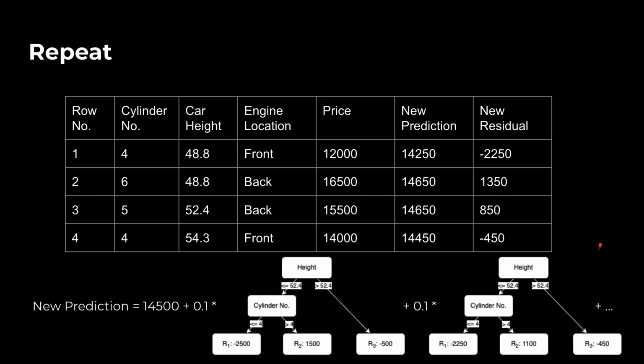And this could go on for as many trees as you want. So yeah, most of the time the parameters that you'll have is how big you want each of the individual trees, how many trees you want in the resulting model, and the learning rate. Otherwise, everything else just happens automatically.